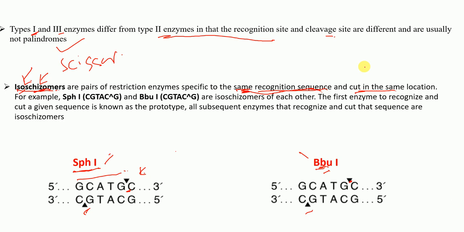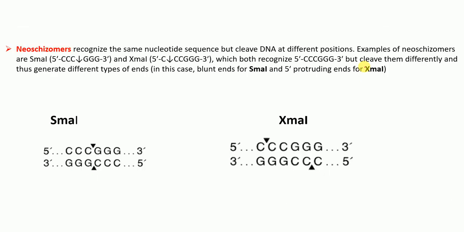Another really important point is neoschizomers. So what are neoschizomers? Neoschizomers recognize the same nucleotide sequence, but they cleave at a different position.